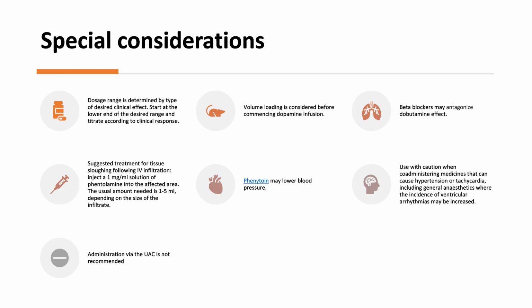As we discussed before, any drug that works on the heart muscle may cause arrhythmias, so we have to monitor the heart while using dobutamine. Do not administer dobutamine or any inotropic drug through an umbilical catheter. Finally, while giving dobutamine through a line, if infiltration occurs, inject phentolamine into the affected area.